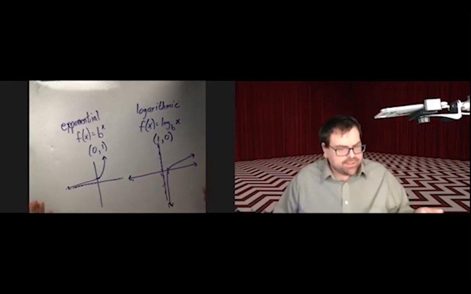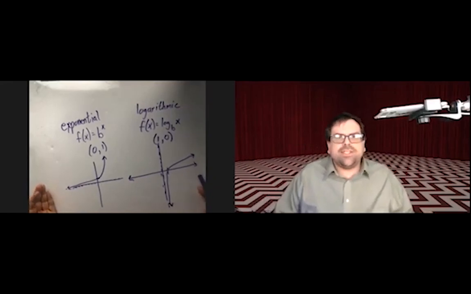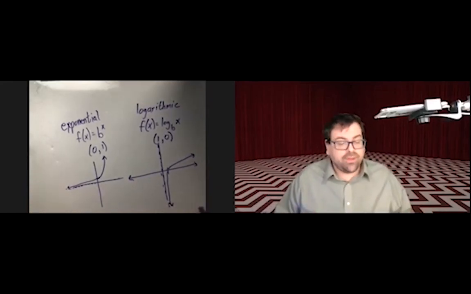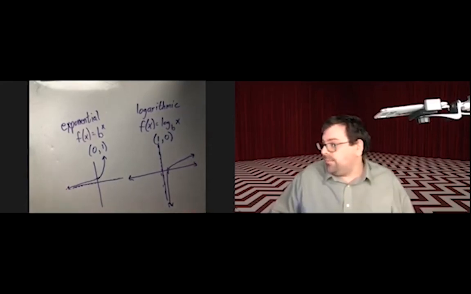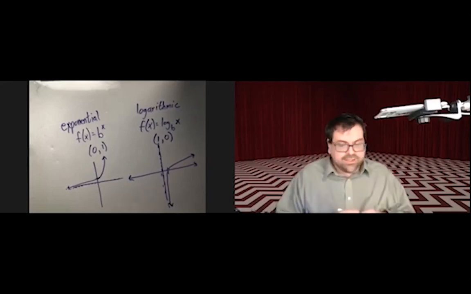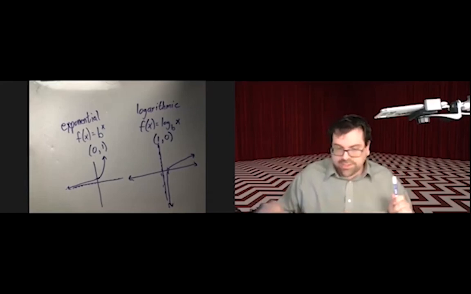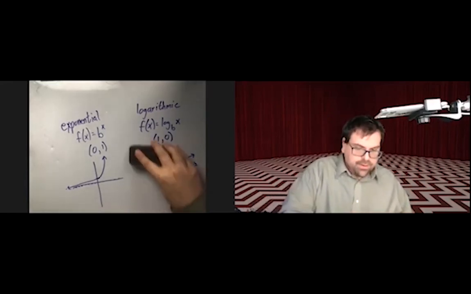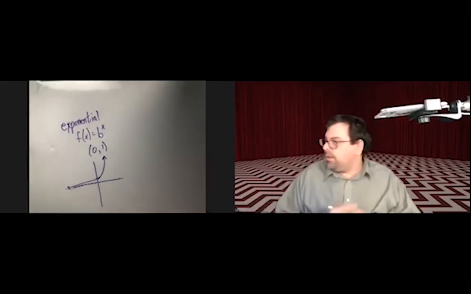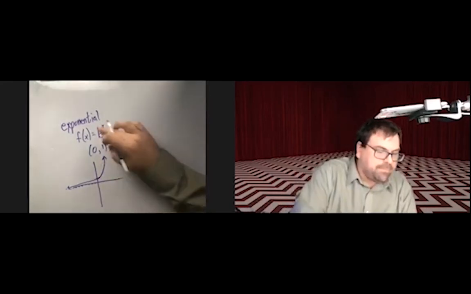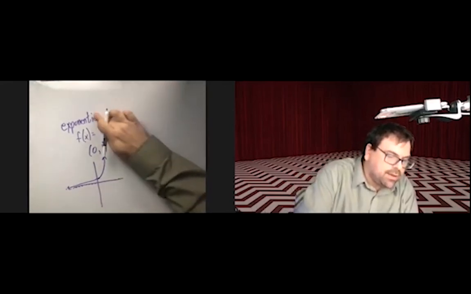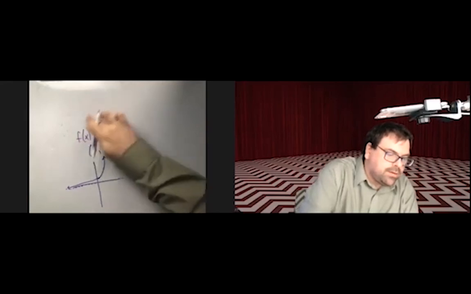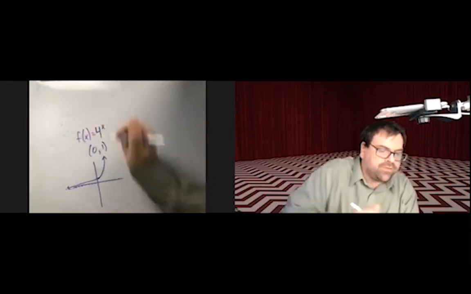Something to keep in mind about these is that just like any other function, we can move it up, down, left, or right. So let's say, for example, instead of this being b to the x, let's say it was 4 to the x.